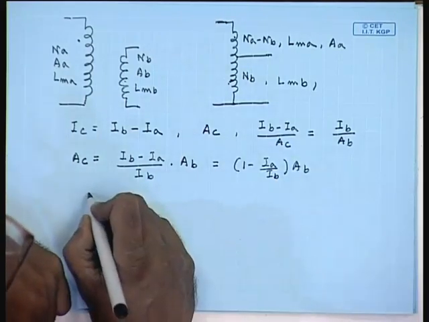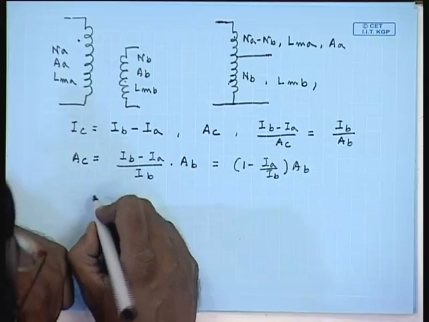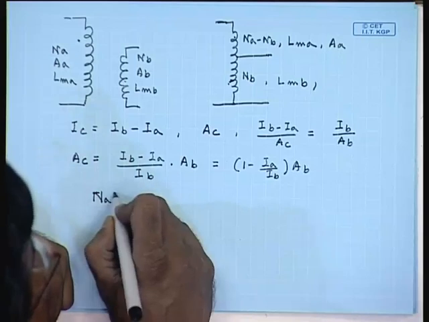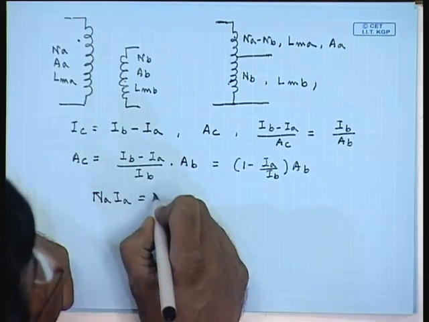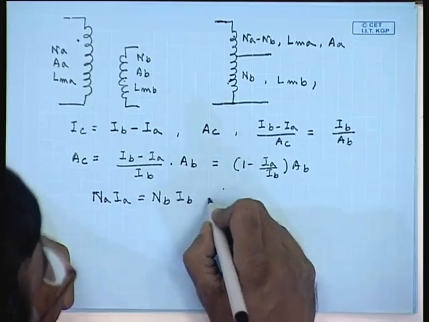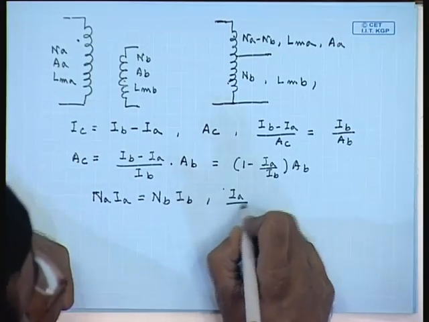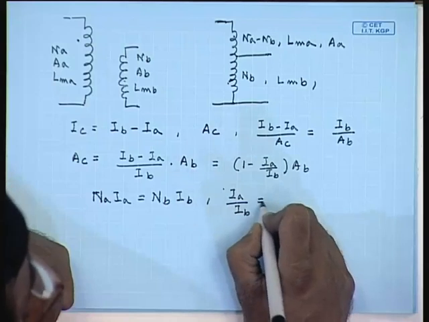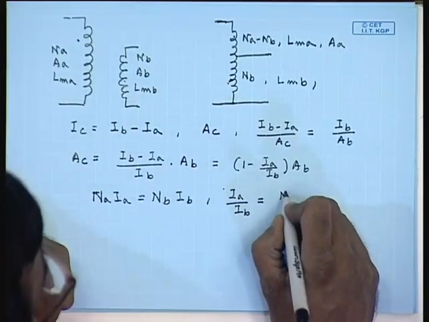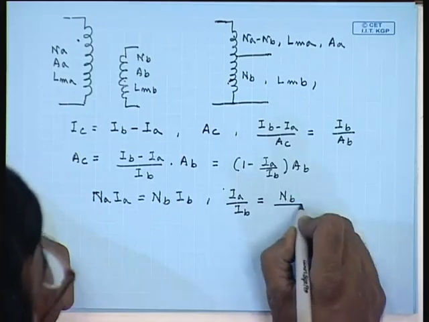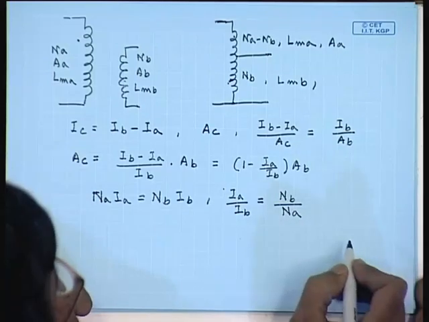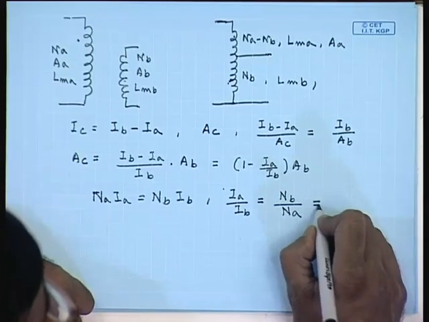But we have seen that for negligible magnetization current, NA IA equals NB IB, hence IA by IB equals NB by NA, equal to alpha.